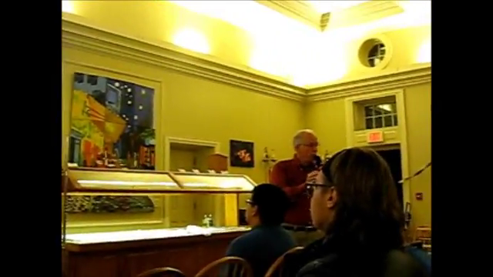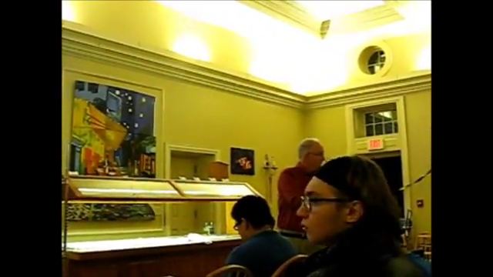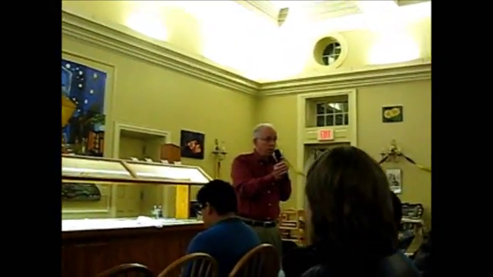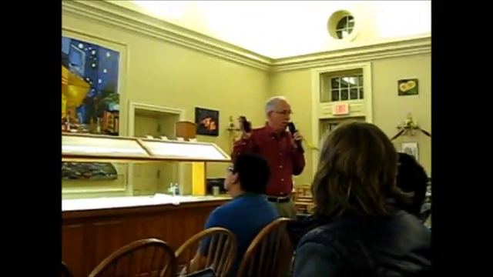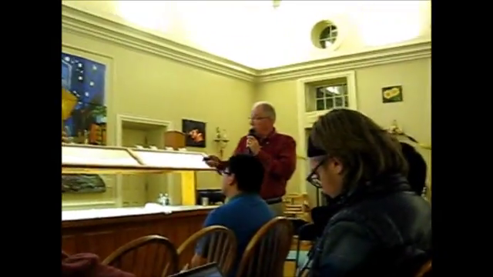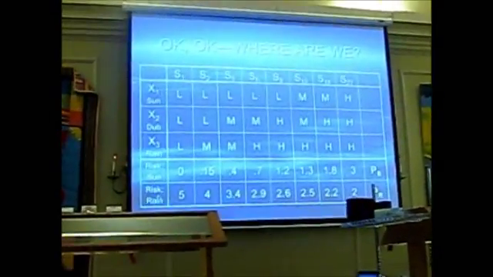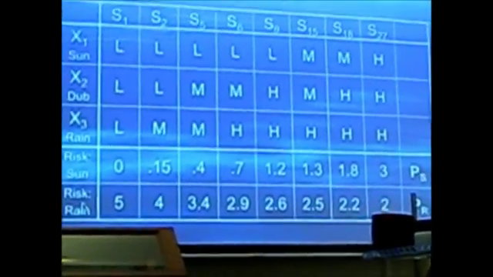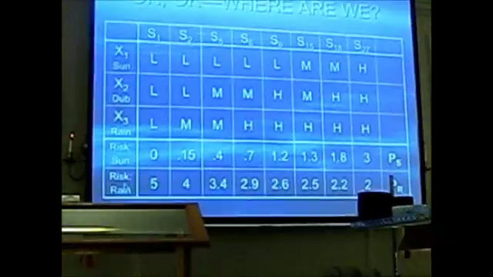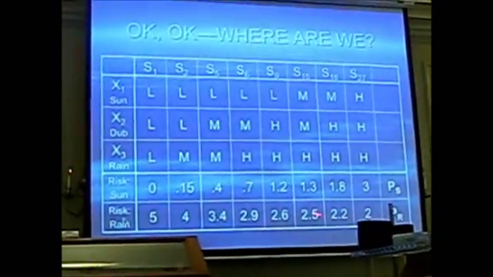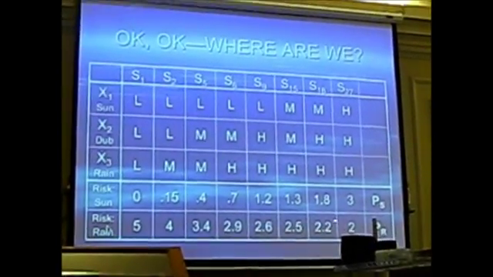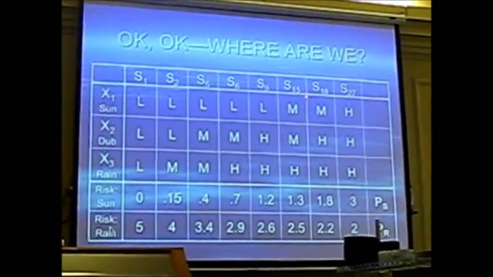Well, that depends on how many sunny days there are and how many rainy days there are. If every day was rainy, then you would choose this strategy because the risk when it's a rainy day is 2, and that's lower than any of the other ones. So if every day was rainy, I would go with S27.